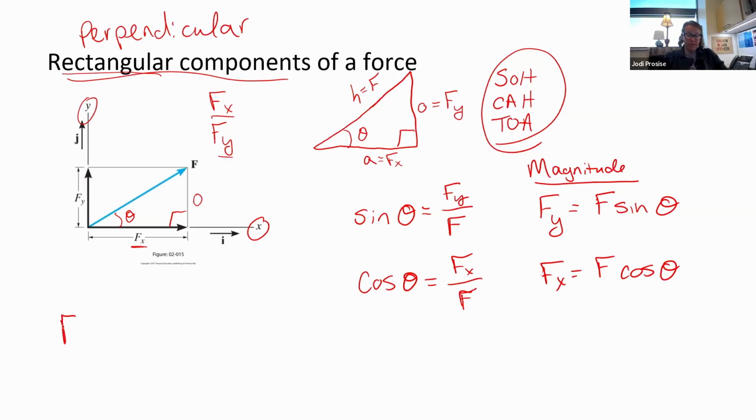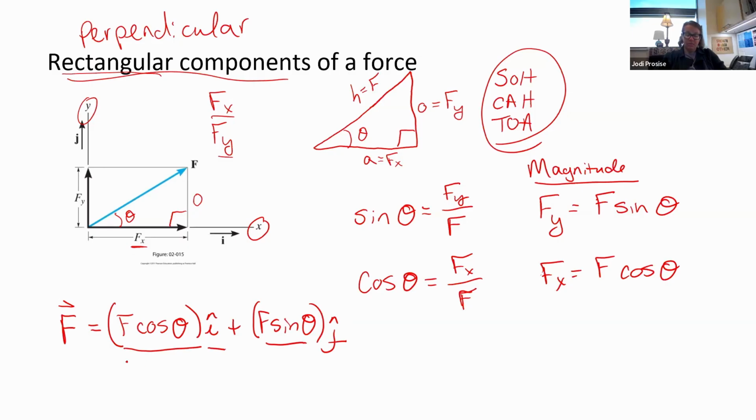So our force vector is going to look like f cosine of theta in the i hat direction plus f sine of theta in the j hat direction. This is allowing us to define the magnitude and direction of each of these components. So we have magnitude, direction, magnitude, and direction of our force vector.